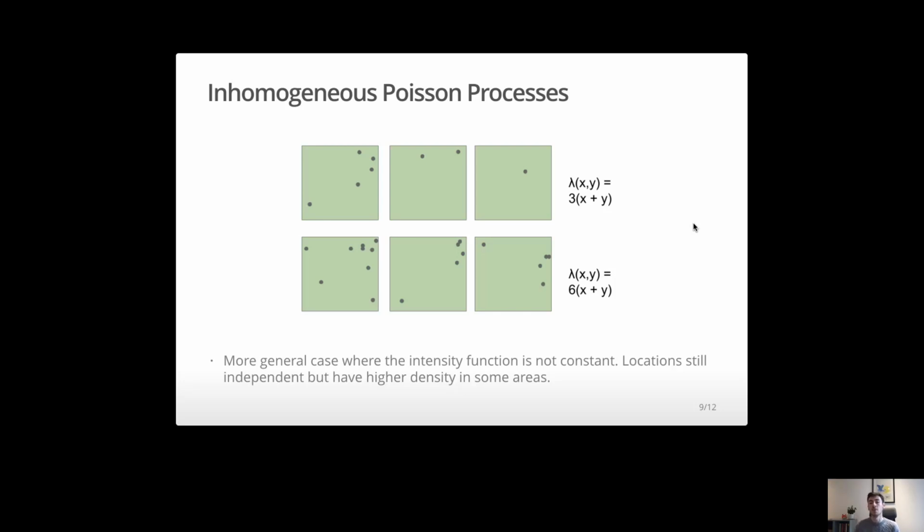What this means is that we end up with the expected number of points remaining the same, but then in each realization, we're going to expect the points to be happening more towards the top right-hand corner and fewer points to be happening towards the bottom left-hand corner of the field.